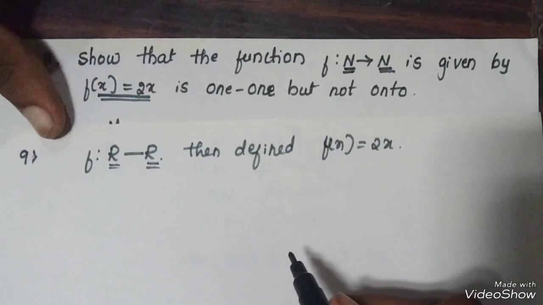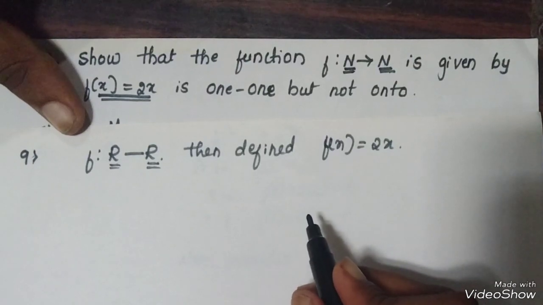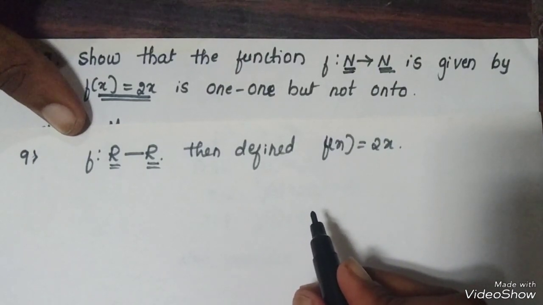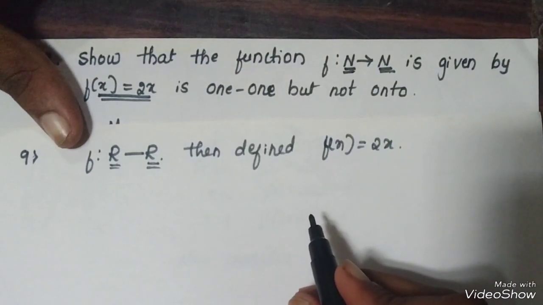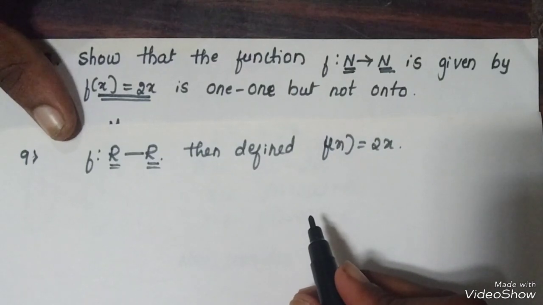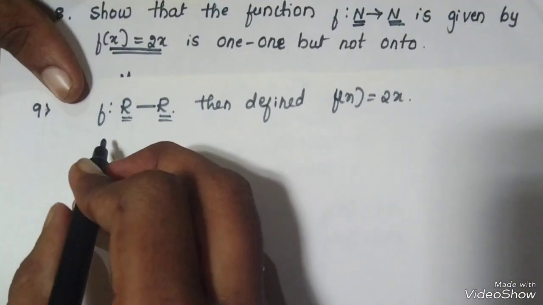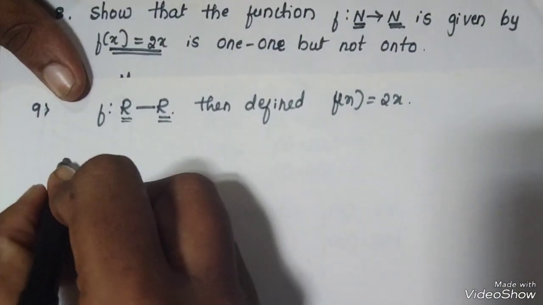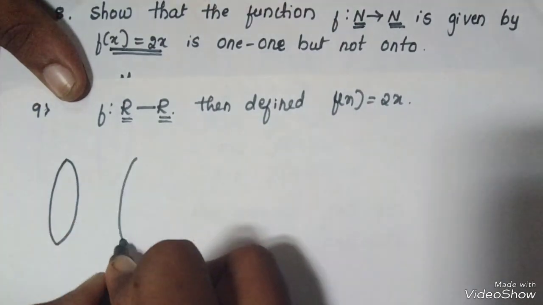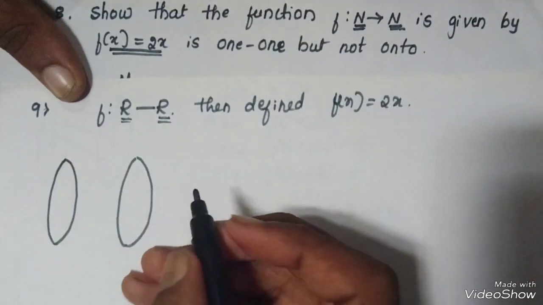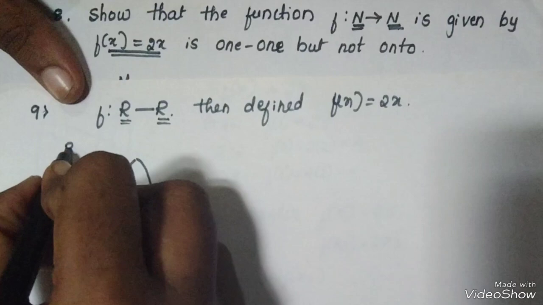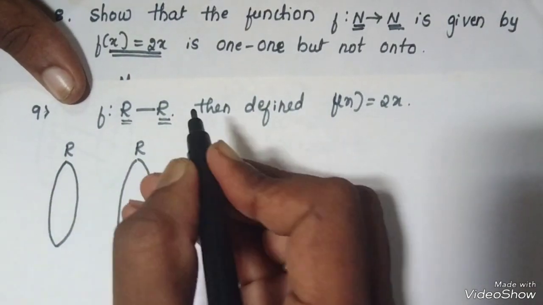Other than complex numbers, all are real numbers, whatever numbers we have taken. Here, simply consider the domain and codomain. The relation exists from R to R.